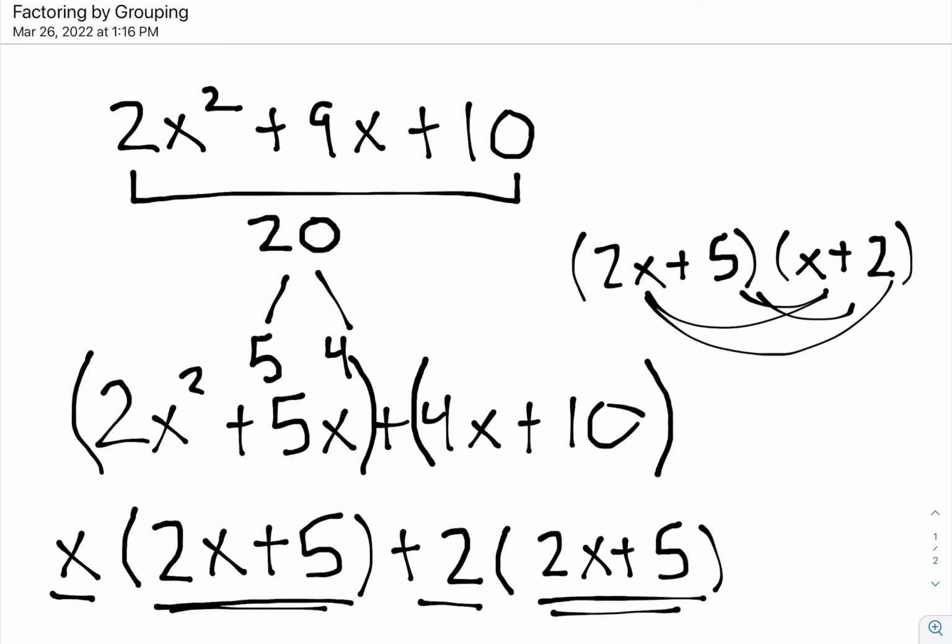That's what lots of people do when this coefficient is really small. But if this wasn't a 2, maybe it was a 15, then you're going to run into some trouble when you try to factor by guess and check. So factoring by grouping is really efficient, and I think it's honestly the best way to factor expressions like this.